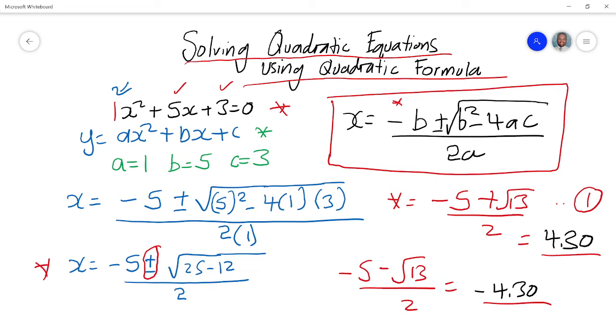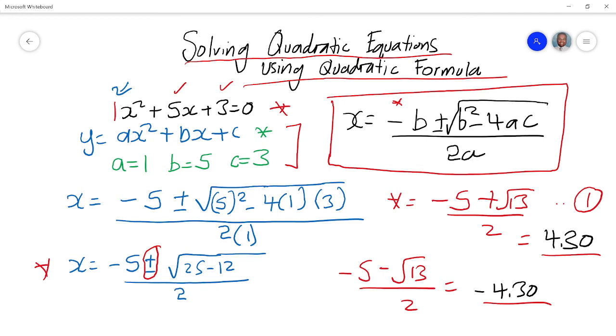So before I move on, I'm just going to simply outline the steps again. The first thing we need to do is find the values of a, b, and c by putting the quadratic expression ax squared plus bx plus c for you to see what is a, b, and c. Now, just remember, when you're first starting, you can follow this procedure. Once you become used to it, you can mentally work out the values of a, b, and c.